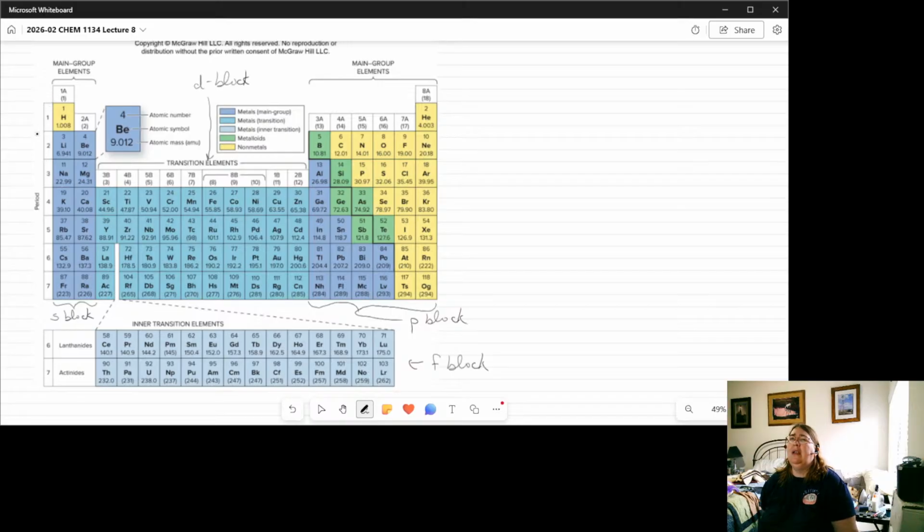But periods are what we call the rows. Groups are what we call the columns. Periods are defined by something called the principal quantum number.